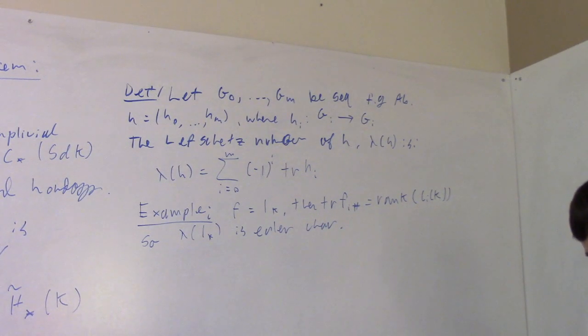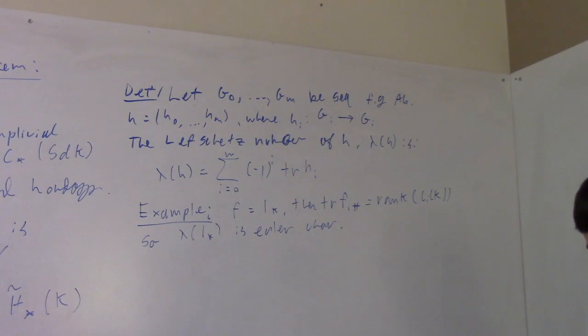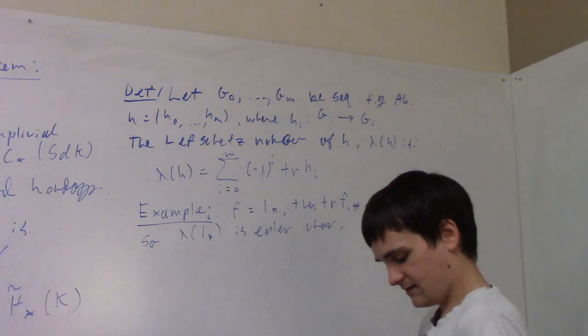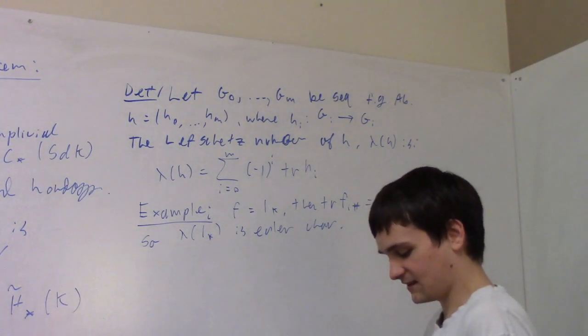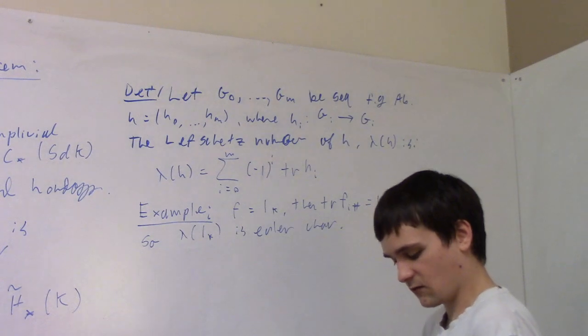So they have a few lemmas here. Lemma 9.18: let C be a chain complex of the form 0 to CM to ... to C0 to 0, in which each C sub I is finitely generated, and let F from C to C be a chain map. Then the Lefschetz number of F is the same as the Lefschetz number of the induced homomorphism.